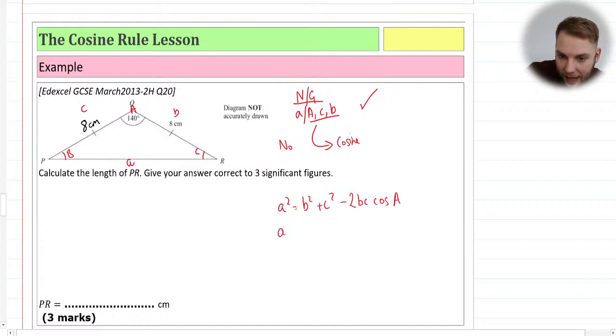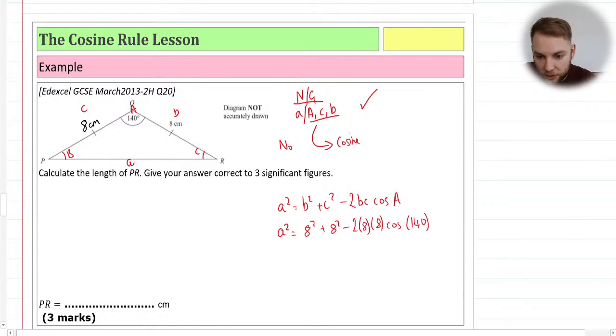Let's sub it all in. a squared is equal to 8 squared plus 8 squared minus 2 times 8 times 8 cos of A, which is 140. Let's type it all in.